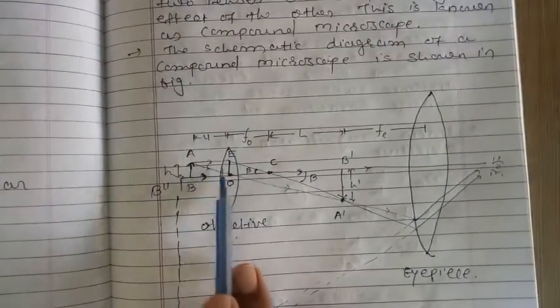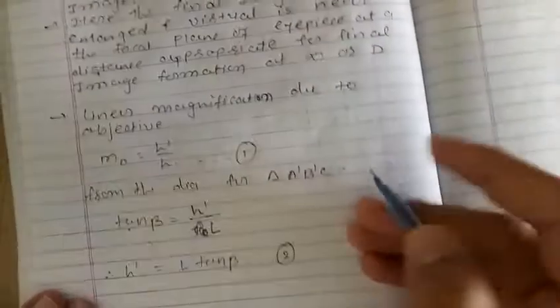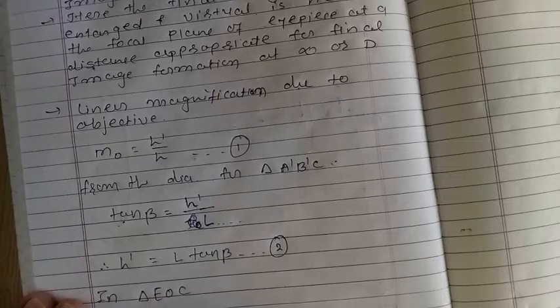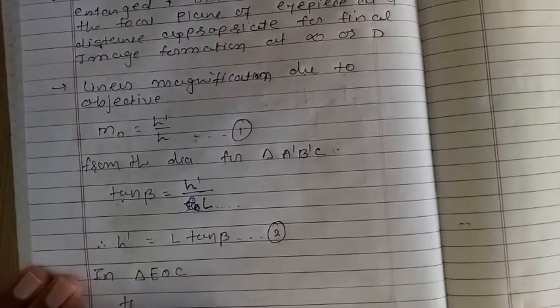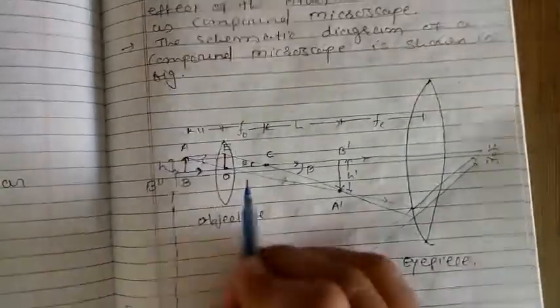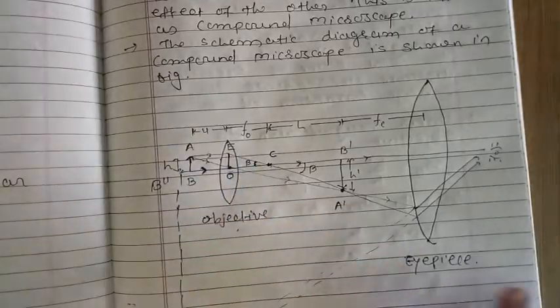Now we have to find the value of H. For H, take triangle EOC. In triangle EOC, tan beta is equal to H by FO, where this is H and this OC is FO.